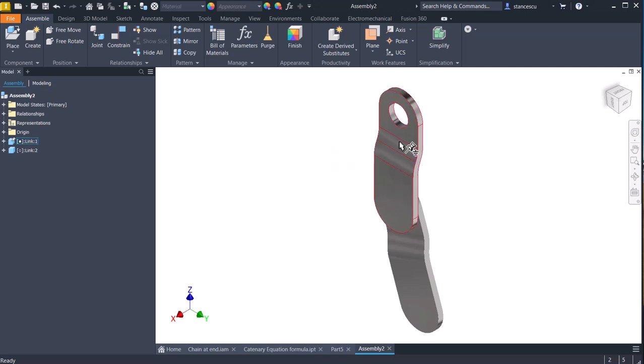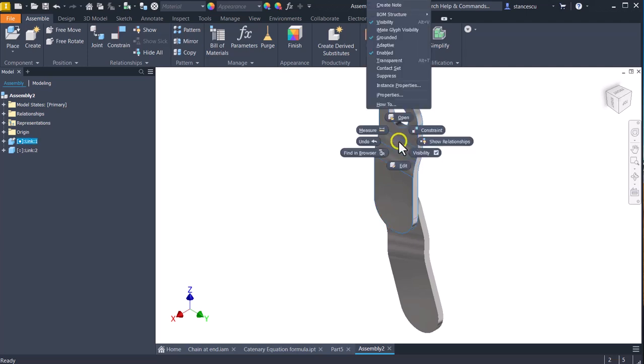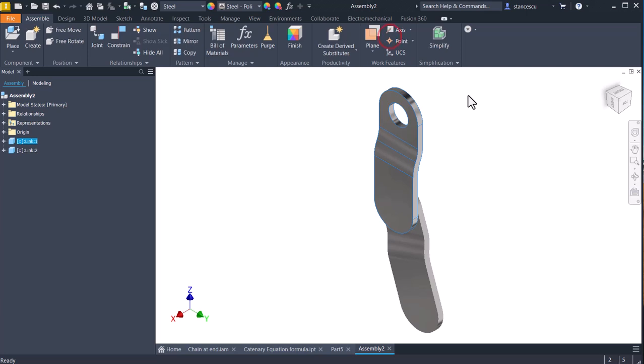I eliminate the grounded, and we know that here is the center point. I make it visible right here.